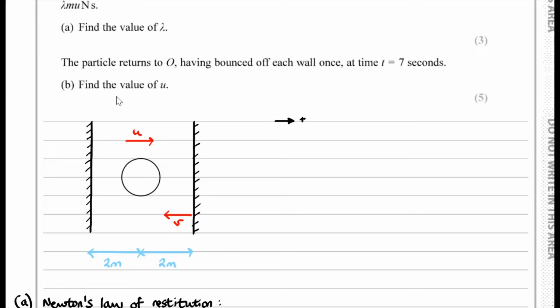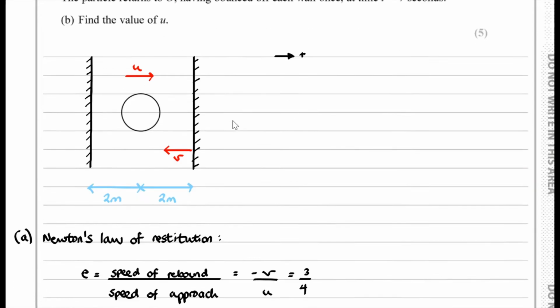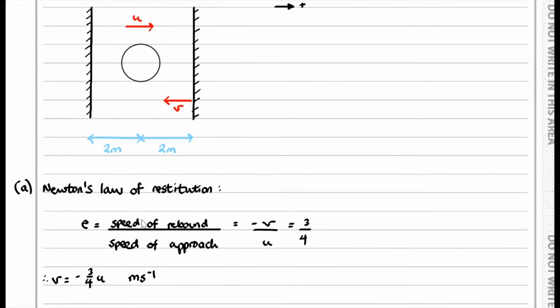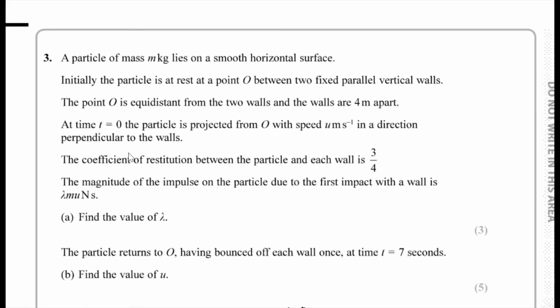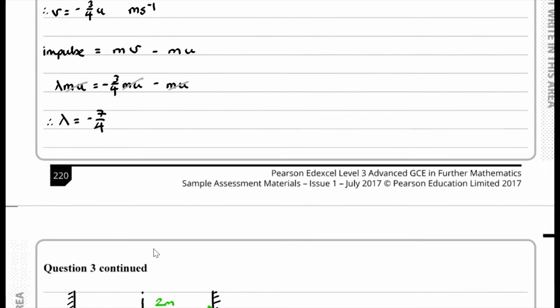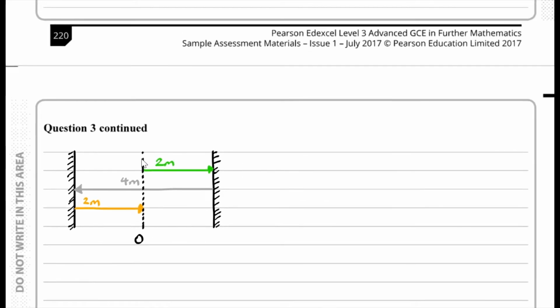Now, you have to be a bit careful here. I've drawn out a quick diagram to illustrate what's going on. The particle starts off at the origin, and what essentially is happening is, if you read this entire description, it starts off at the origin and it goes to this wall on the right.